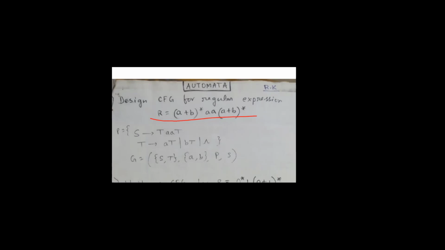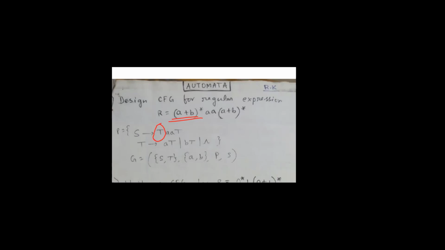So how to draw it? Very simple. First, for the star part, put a non-terminal. I have let it be capital T, but you can let capital A, capital B, capital C, any capital letter. So the convention is that for the star part, put a non-terminal first.